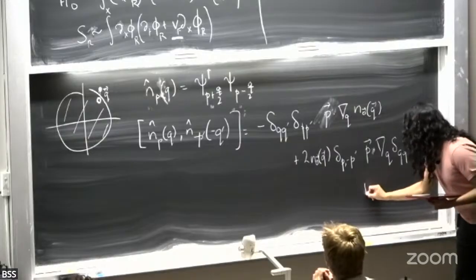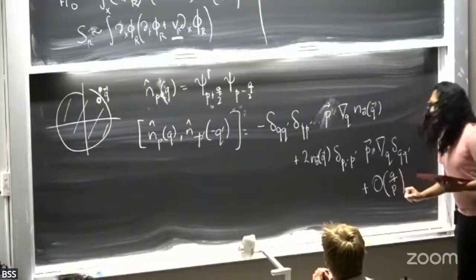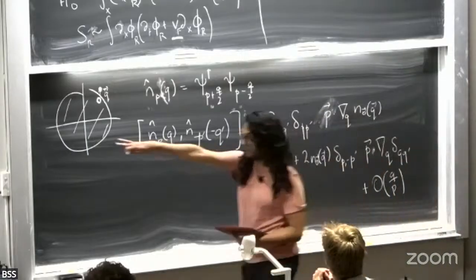But this is only the leading part. This gets corrected by terms that are order Q over P. So already this looks much worse than this.